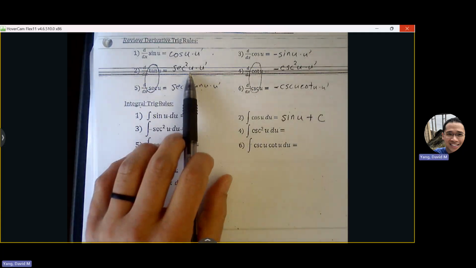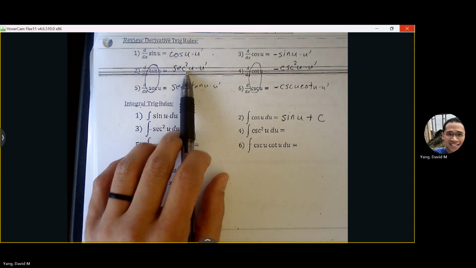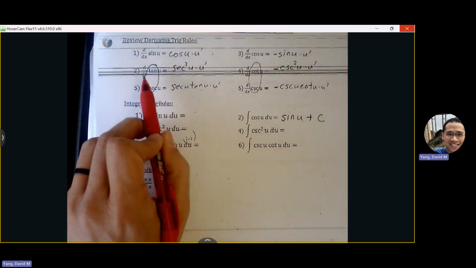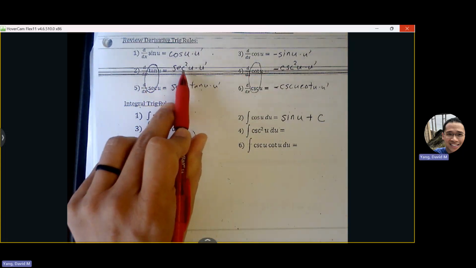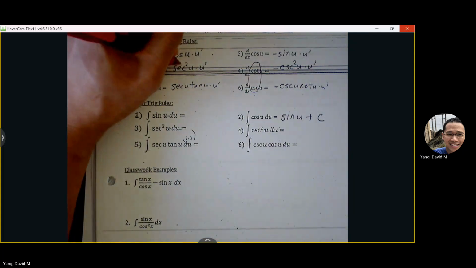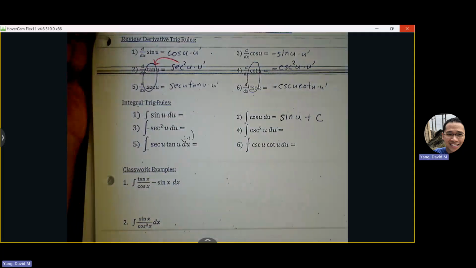What's the antiderivative of secant squared? Guess what? If tangent's derivative is secant squared, then the antiderivative of secant squared must take us back up to what? You see it? Back up to tangent, right?